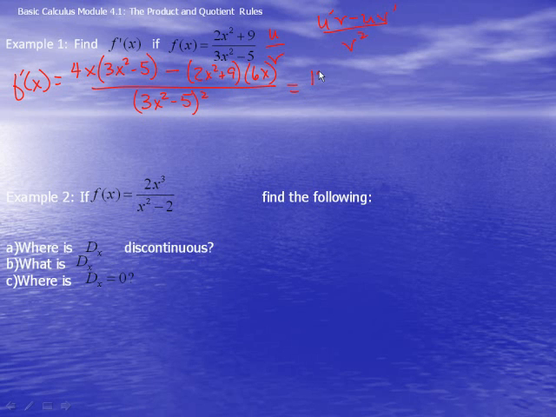Distributive property, so we get 12x cubed minus 20x minus, we're going to bracket that off, and that'll give us 12x cubed plus 54x all over the denominator squared.